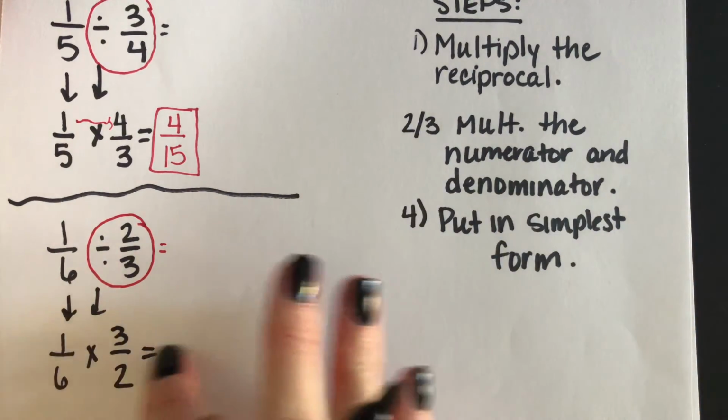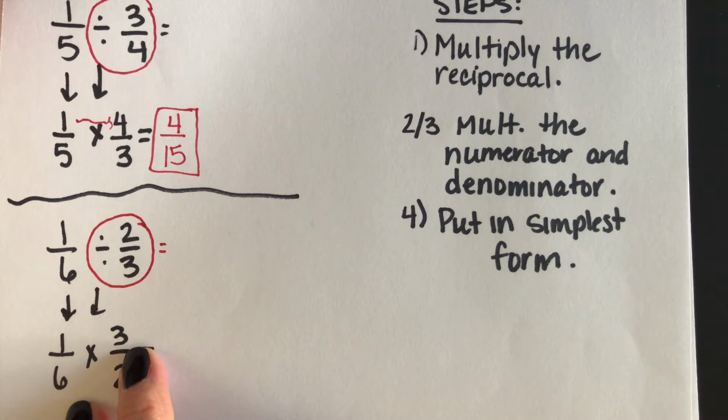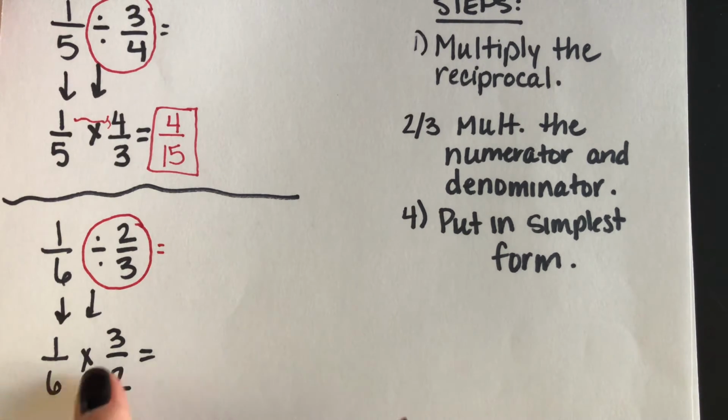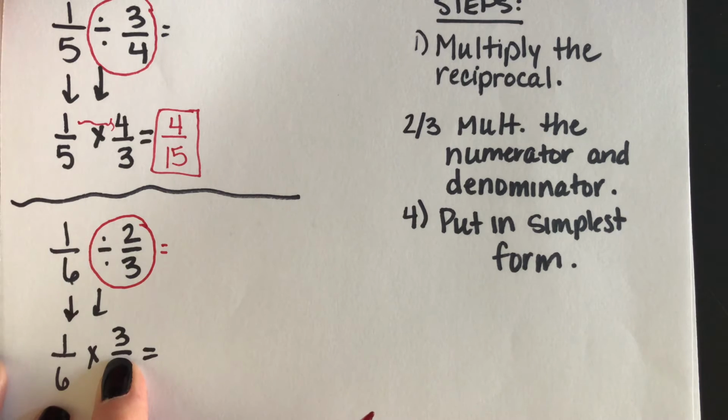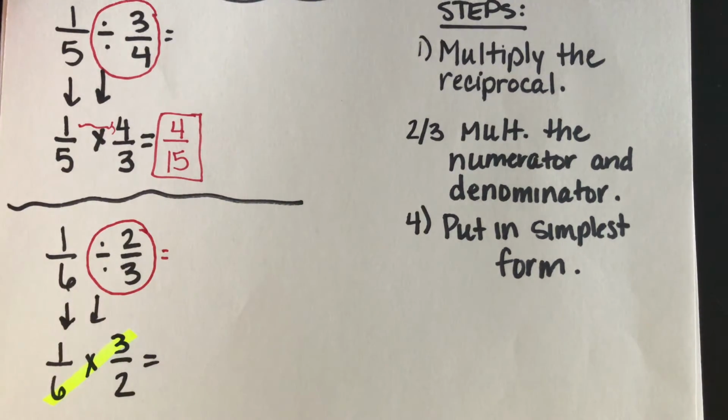Now I can go ahead and multiply my numerators and denominators, but you know what? I see something in there that I could easily cross-cancel. I look at the 6 and the 3, and I know that 3 is a factor of 3 and 3 is a factor of 6. So I'm going to cross-cancel these two numbers to make them smaller because I like to work with smaller numbers.